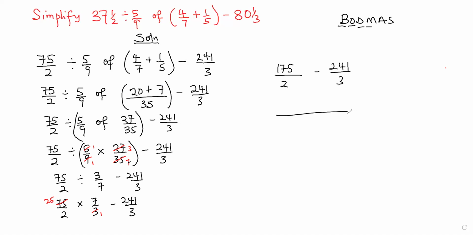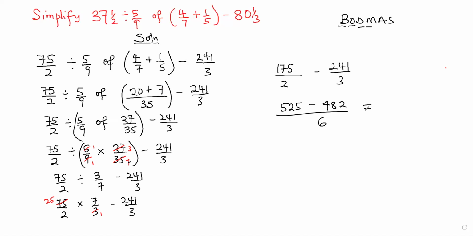And so we find the LCM, which is 6. 2 into 6 is 3, and 3 times 175 gives us 525, minus 3 into 6 is 2, and 2 times 241 gives us 482.